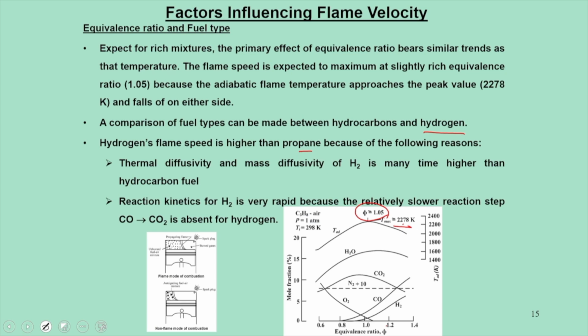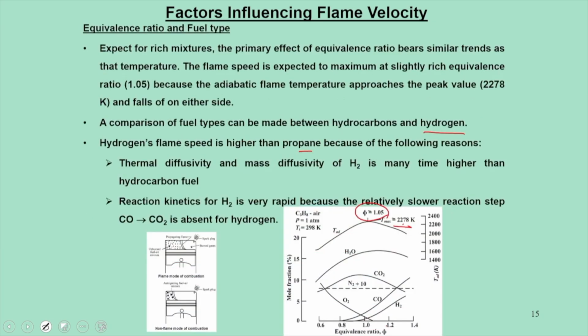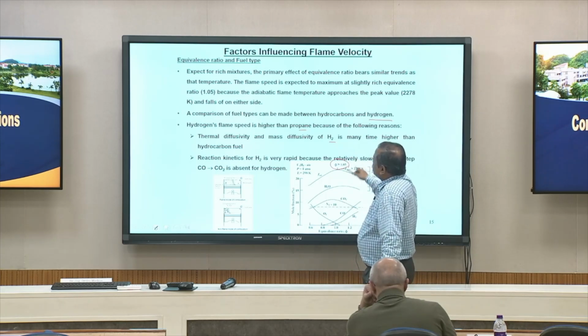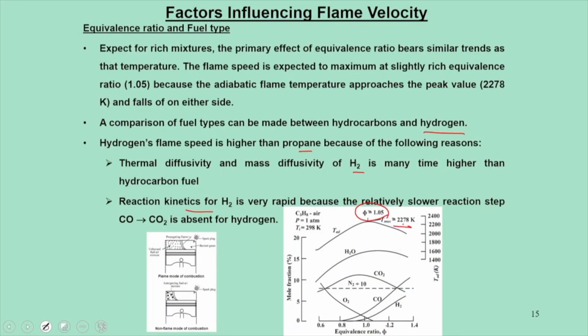Why is it so? Because if you see here, this alpha plays a critical role. Thermal diffusivity and mass diffusivity of hydrogen are many times higher than for the hydrocarbon fuel. So when you have hydrogen in the system, since the flame speed is higher, the reaction kinetics is much faster.